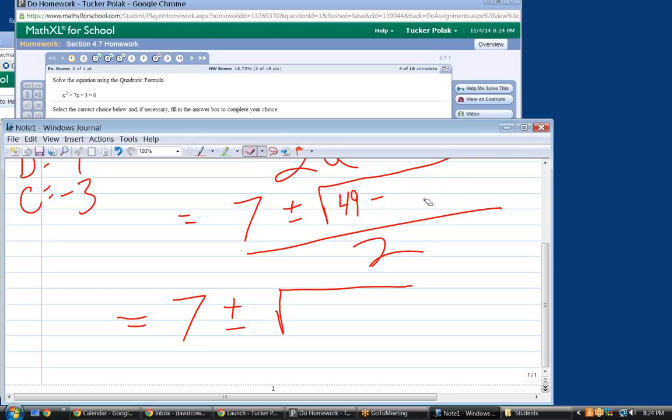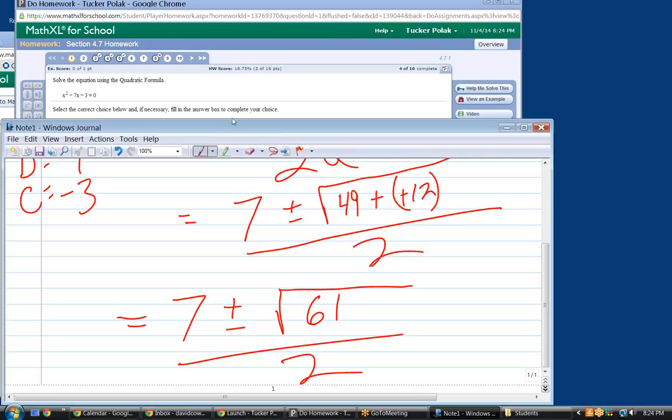Negative 12. Okay, so I'm going to replace that with a negative 12. Now what is 49 minus a minus 12? These turn into pluses. 61. All divided by 2.